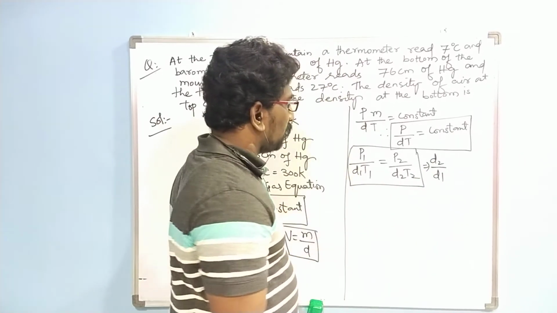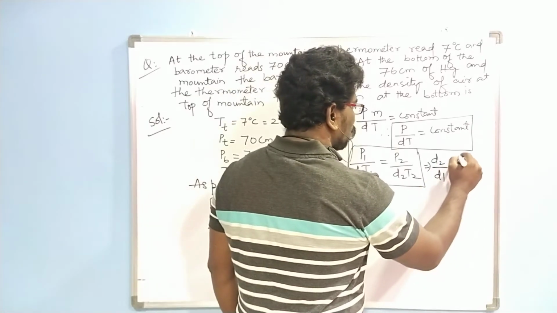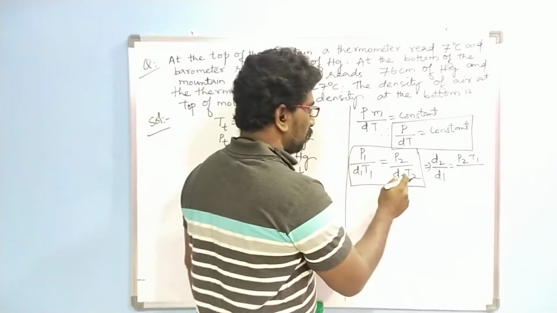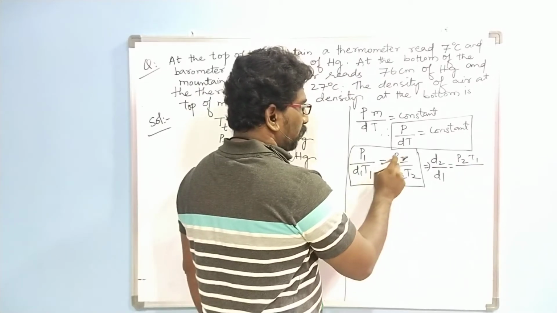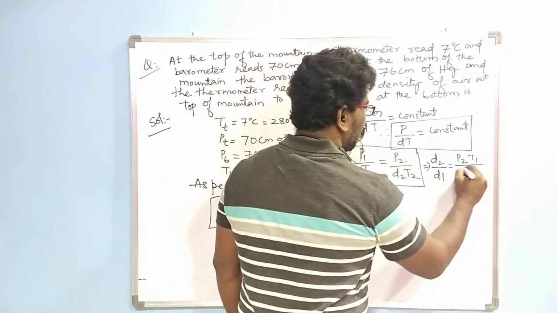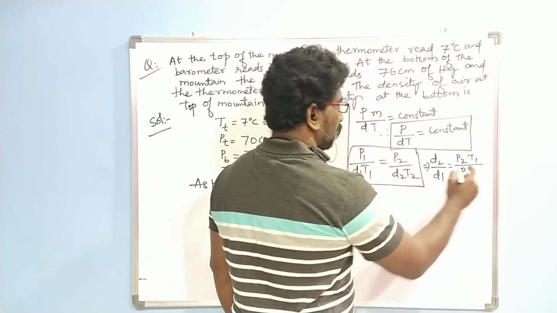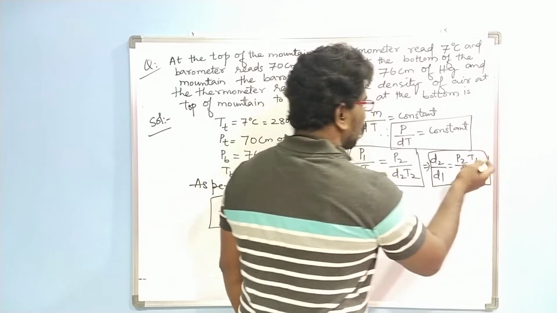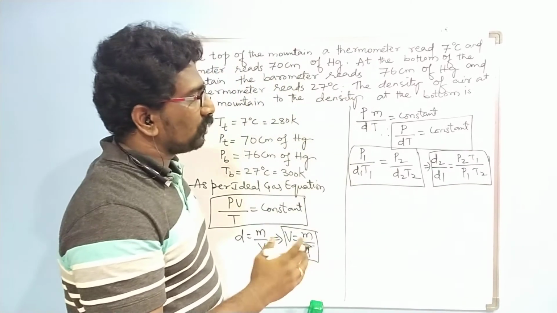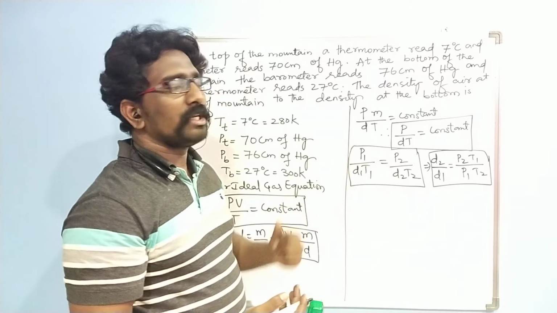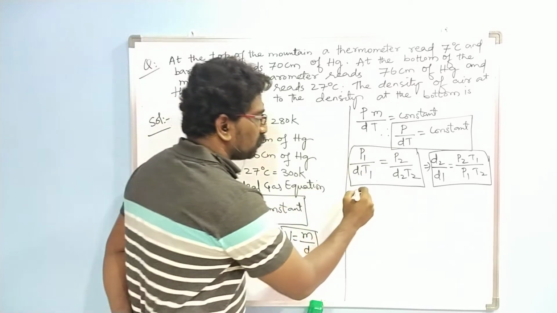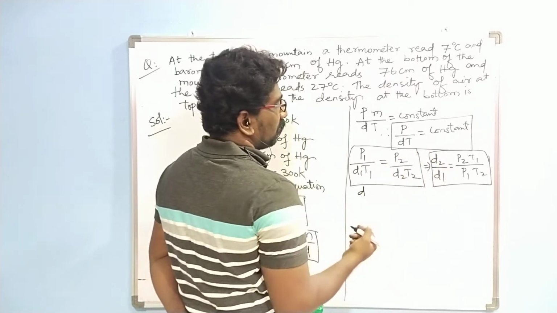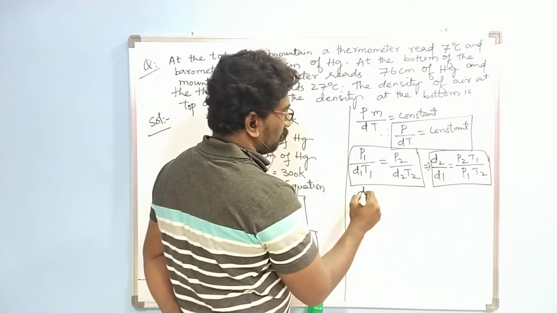will be equal to P1 T2 by P2 T1. Now I don't have P1, P2 or T1, T2, but we have them with respect to top and bottom, where 2 is the bottom.